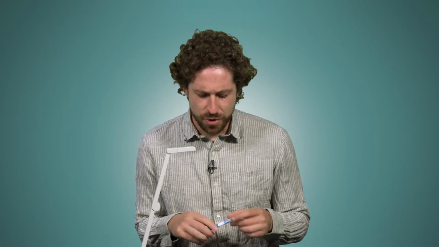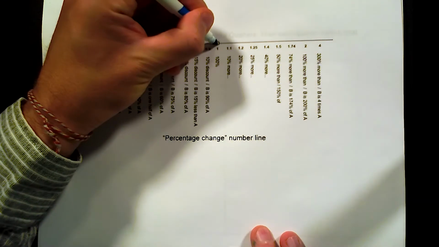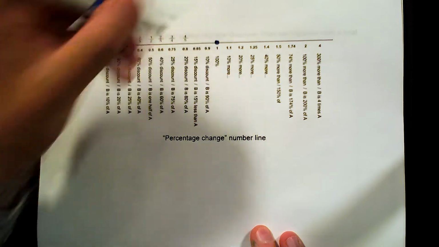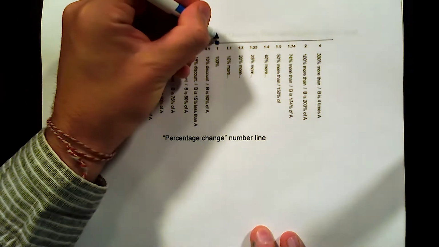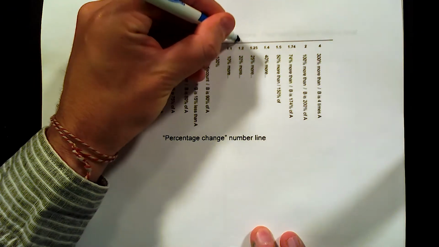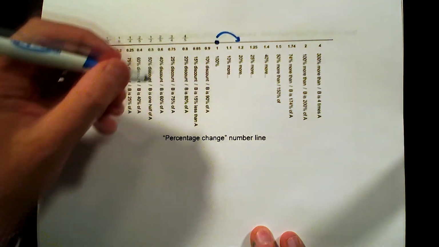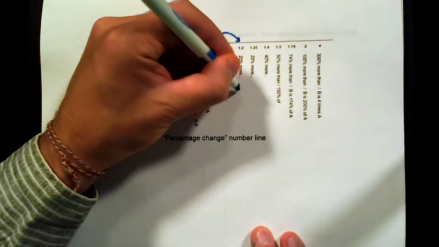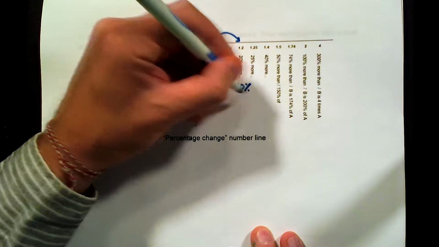The first thing I want you to see, it's a good reference that you could show your students, talks about percentage change. So this is a percentage change number line. As you can see, 1 means 100%. And then you could talk about, for example, 1.2, it would be 20% more.